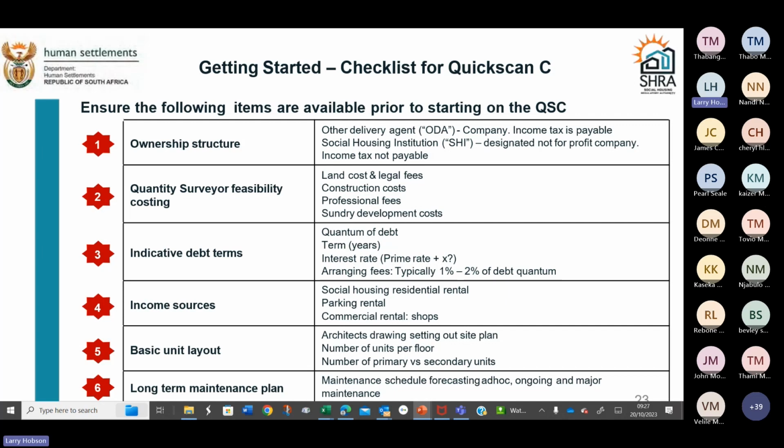Then we've got our debt terms. Hopefully you've got a simple debt structure. It's quantum of debt, the terms of repayment, normally 20 years in this environment, interest rate, normally prime plus a few %. Then there are some arranging fees. The QuickScan C was developed by a treasury specialist who used to work in a merchant bank.